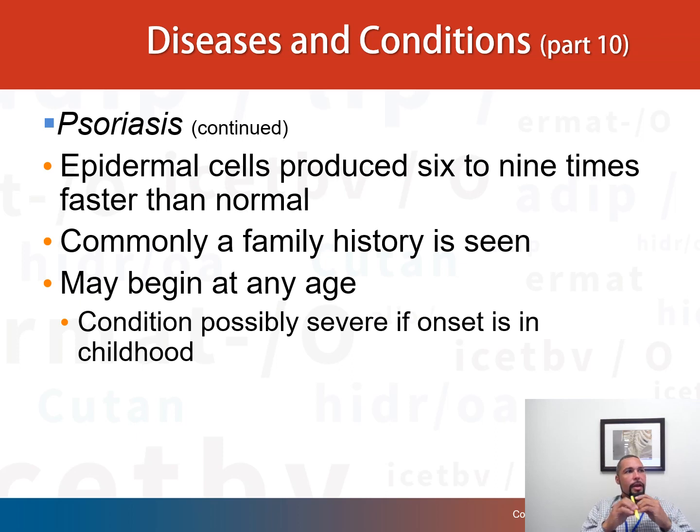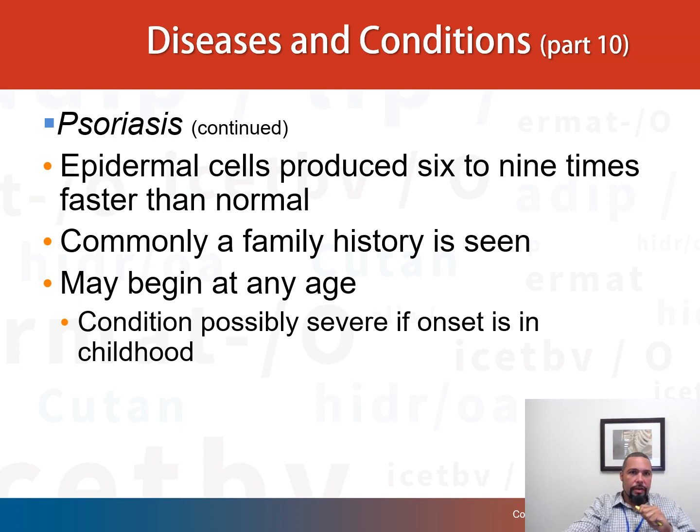It could be very scary, especially because it could begin at any age. The condition can be severe if onset is in childhood, but if the onset is in adulthood, possibly not that severe. But again, it's open to interpretation.